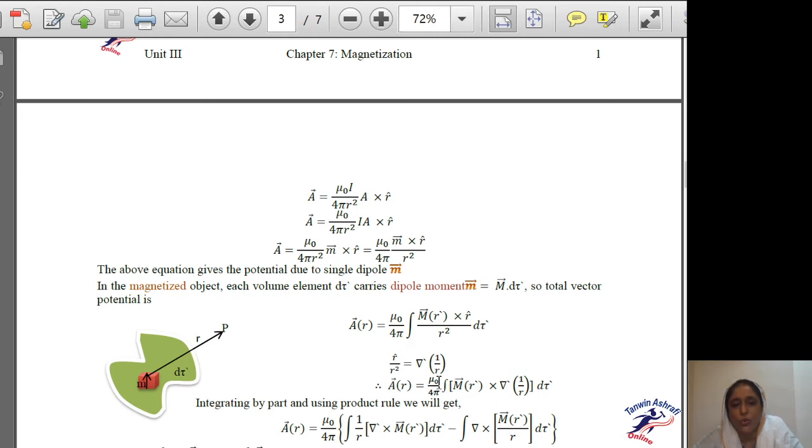Now, using integration by parts and the product rule, we split this term into two parts, that is two terms: 1 upon r del cross magnetization over the volume d tau prime, minus del cross of magnetization M divided by r d tau prime.